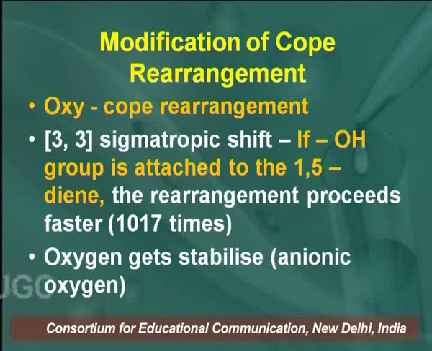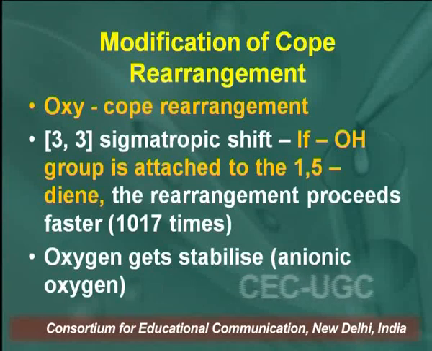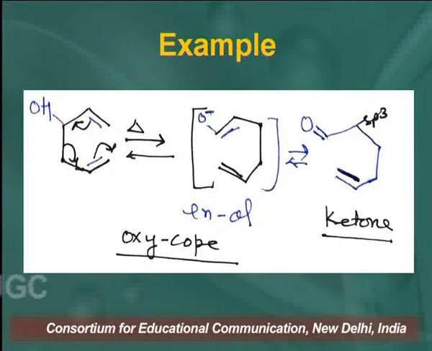Oxy-Cope rearrangement is thousands of times faster than the Cope rearrangement reaction. The oxygen gets stabilized. We get an anionic oxygen having a negative charge that stabilizes, and we get a very stable product.